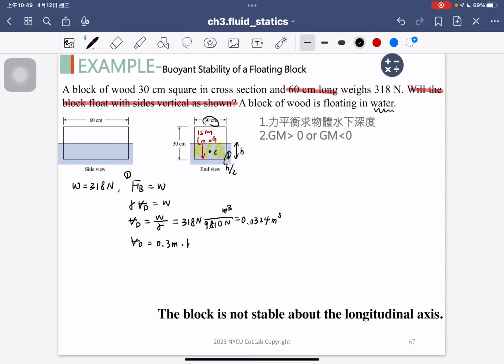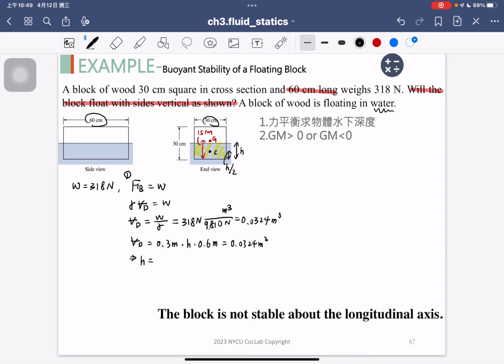That's fine. And we know the length of the block is 0.6 meters. Finally, that will equal 0.0324 cubic meters. So you can compute how large the depth submerged into the liquid is.